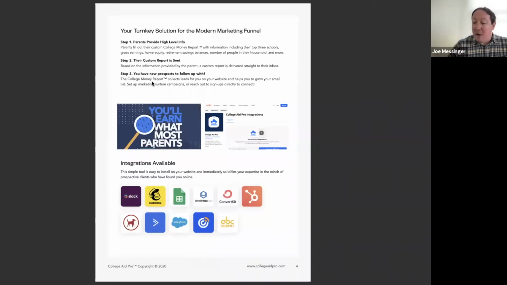When we talk about creating a marketing funnel, I'm a huge fan of leveraging technology. If you need to do something more than once, there's probably technology that can replicate it for you. So, when we talk about creating a turnkey solution, we've built out integration through Zapier and through some of the top communication applications like MailChimp, Redtail, or Wealthbox.